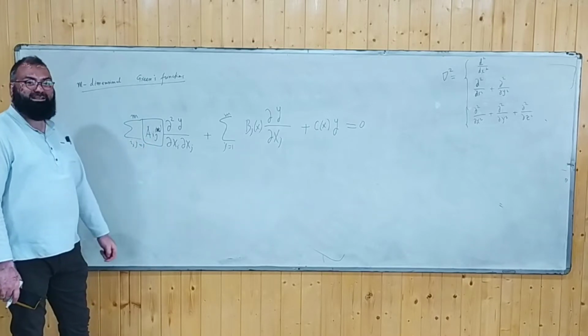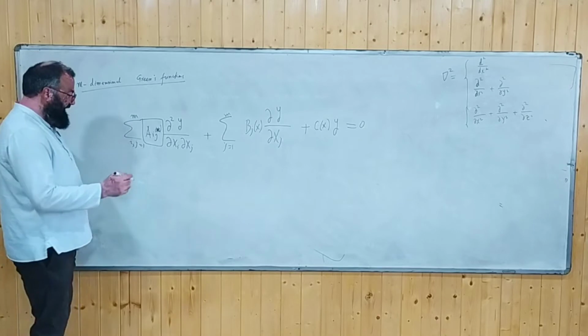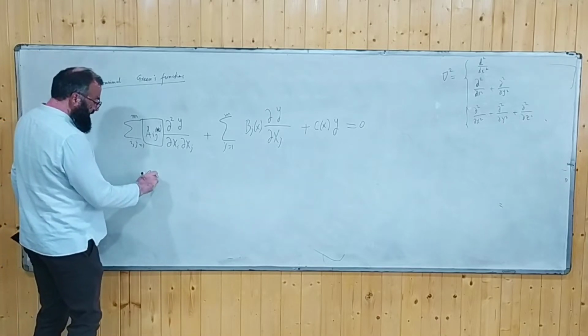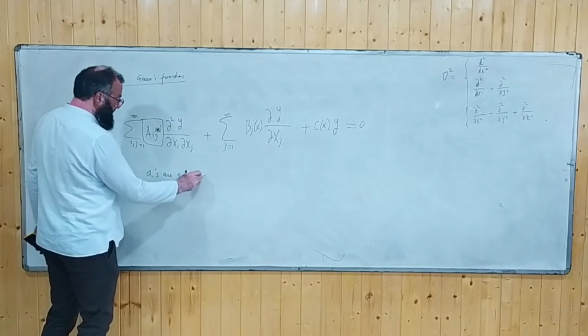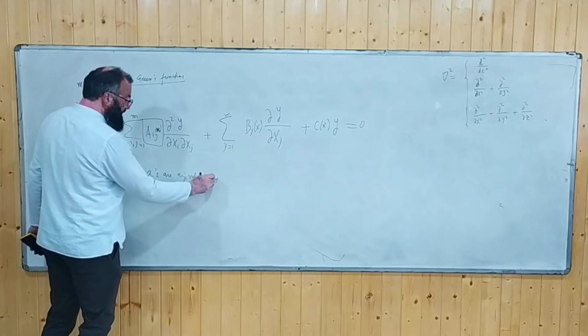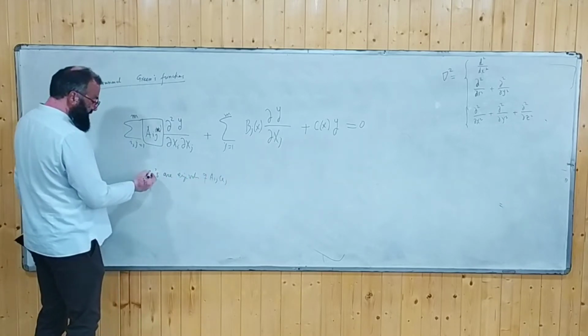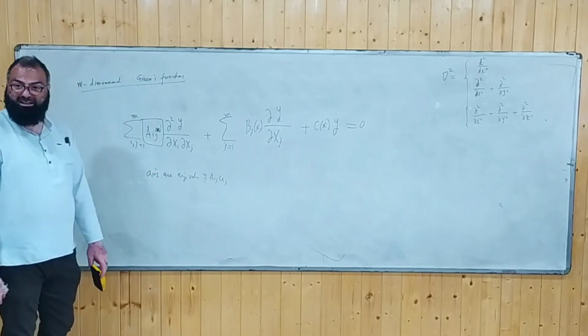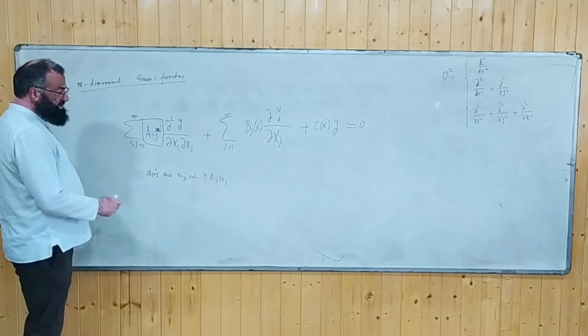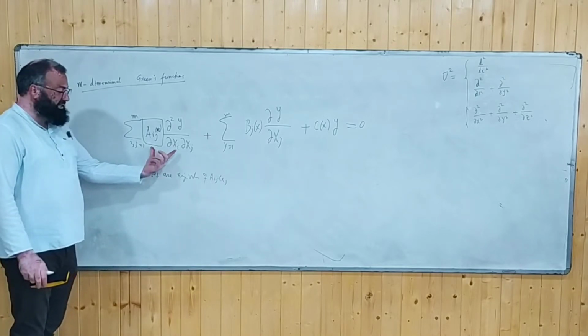So let's write the eigenvalues. Let's call them a's, the eigenvalues of this aij. So these are the functions of x. Clear? That means if I make some suitable transformation, I can diagonalize it.